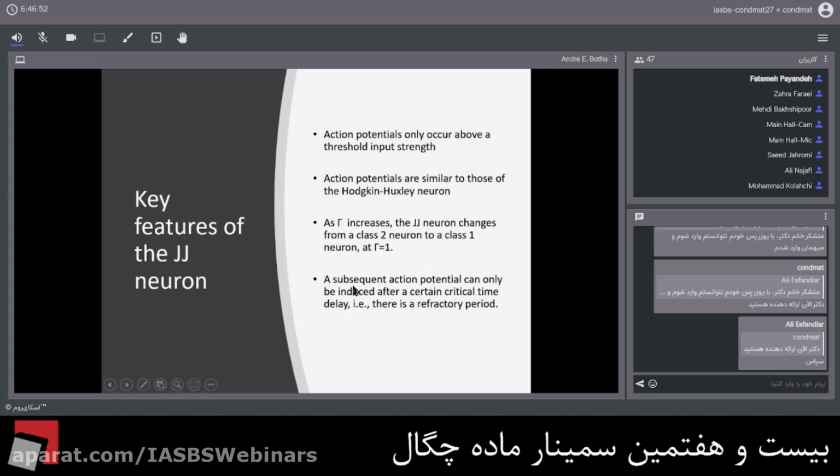And thirdly, depending on the damping, the neuron can behave like a Hodgkin class 2 or class 1 neuron. And fourthly, there is a refractory period during which the action potential cannot be reactivated. So I'll briefly look at these four points just to make it a bit clearer.